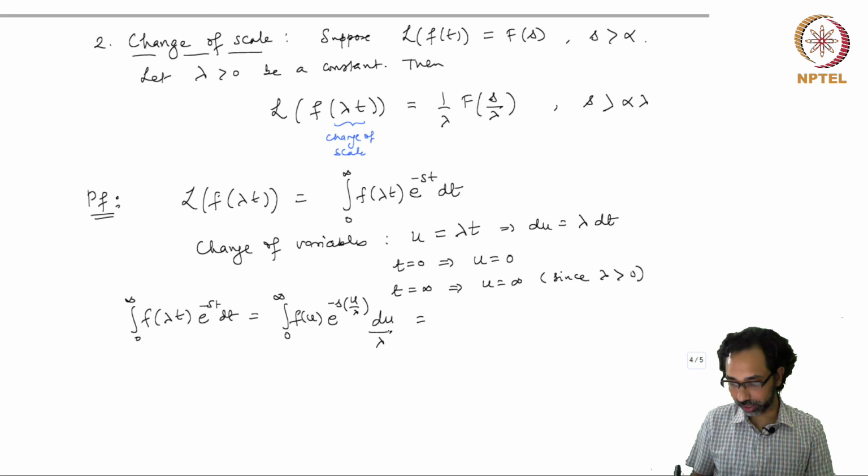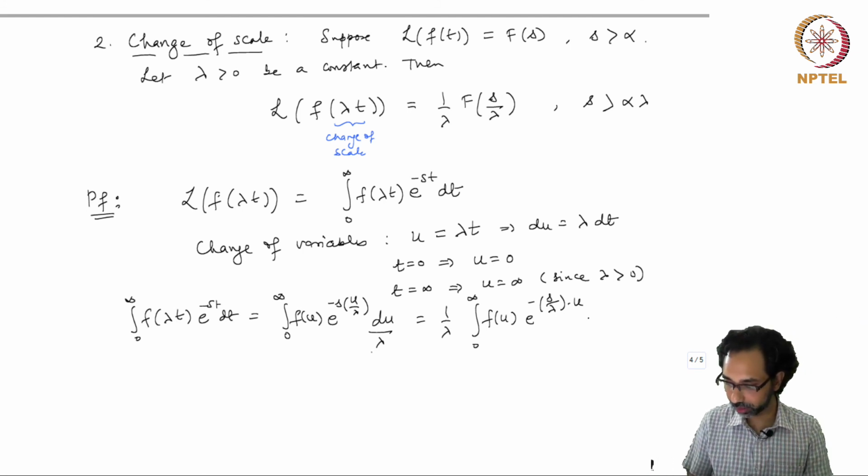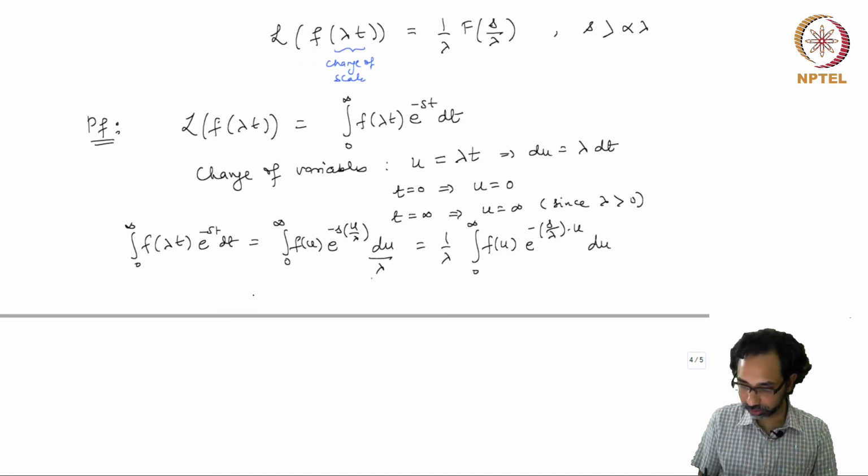So now we can take the factor of lambda out of the integral. So it's 1 over lambda times the integral from 0 to infinity of f of u exponential minus s over lambda times u, du.